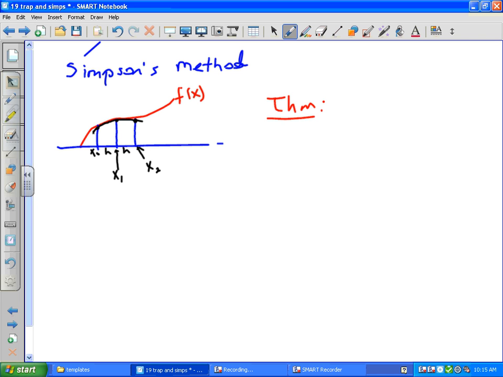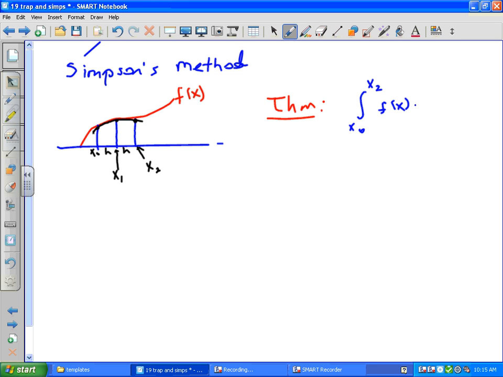It says, the area under a parabolic arc. Let me make it simple. Just say the integral from x sub 0 to x sub 2 of the function, basically the area under this parabolic region, which has a rooftop of a parabola and rectangles on the side.